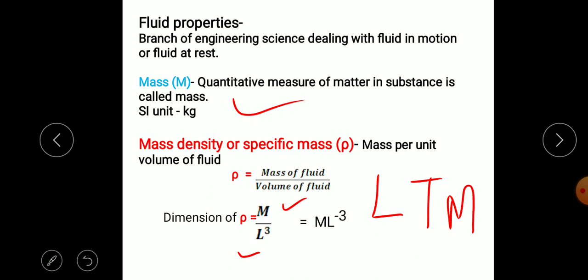So this is M L raised to minus 3 for the mass density.